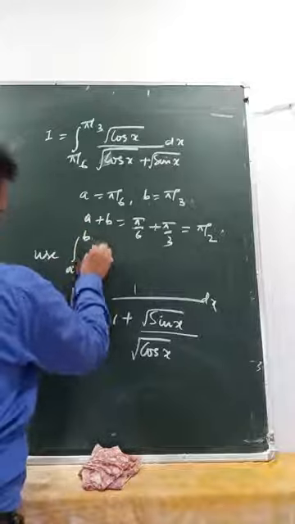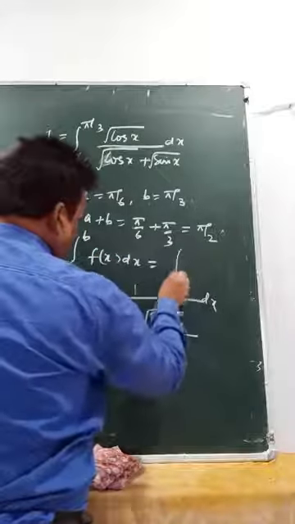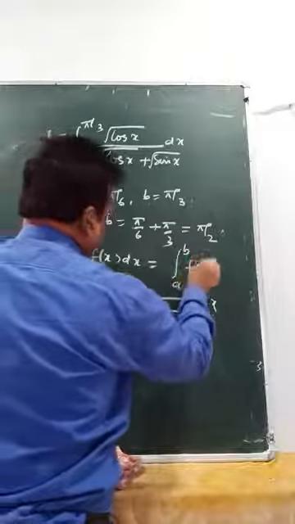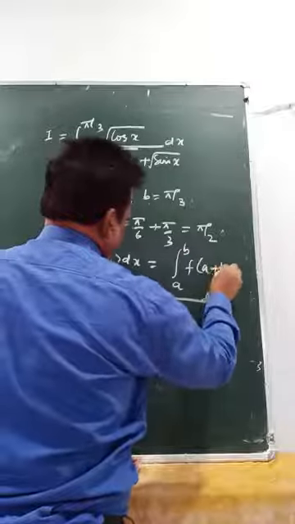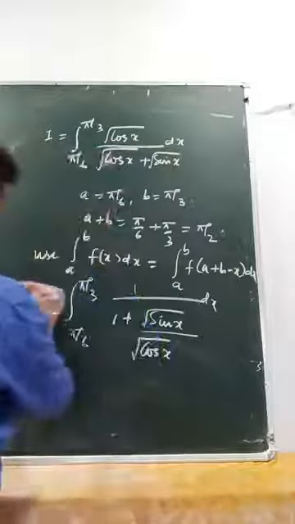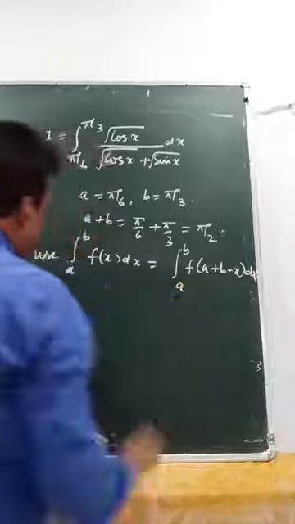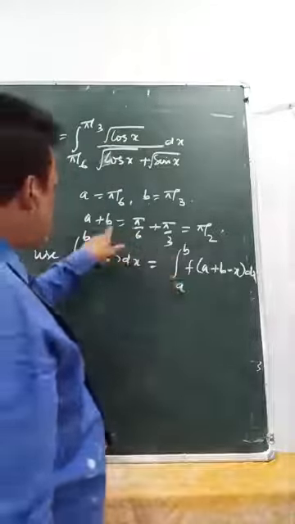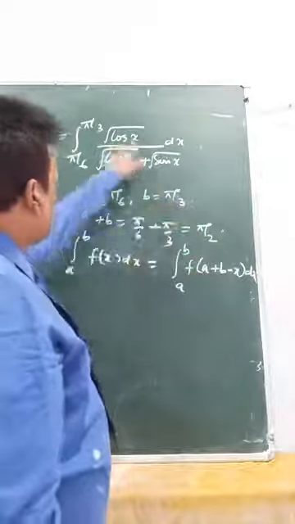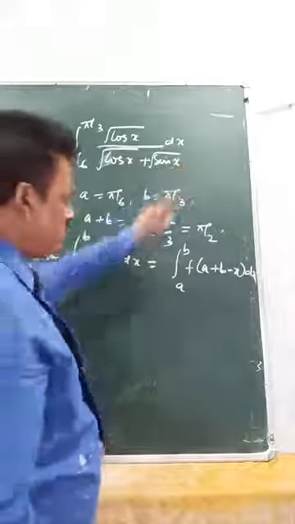Now right here use integral from a to b of f(x) dx equals integral from a to b of f(a + b - x) dx. Okay, so that means your a plus b became how much? Pi by 2. So this will be pi by 2 minus x everywhere.